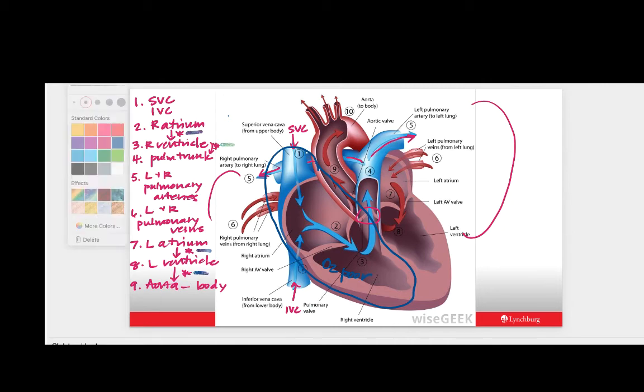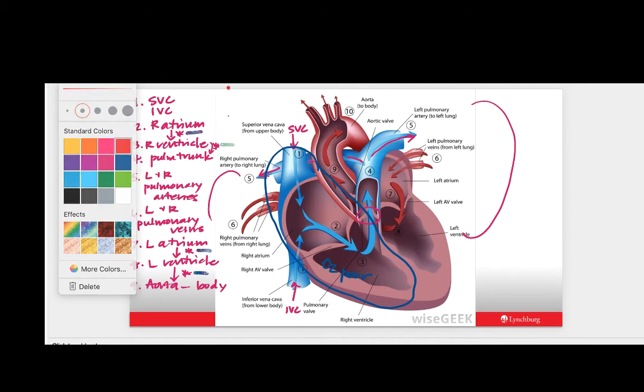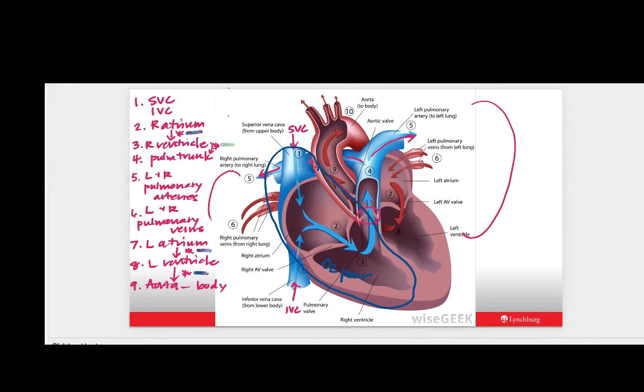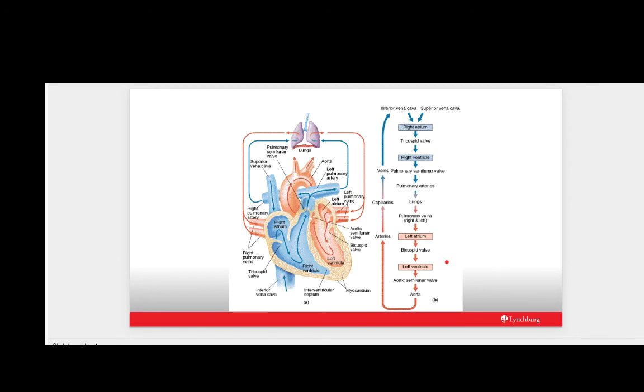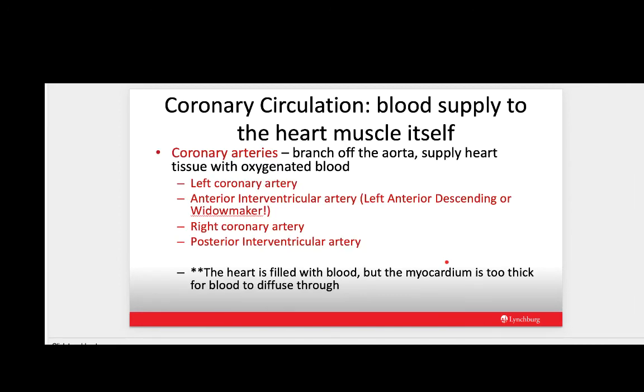But if you look at blood on the left side of the heart, everything on this side of the heart is going to be oxygen-rich blood. Okay, so oxygen-rich on the left side of the heart. Because at that point, it's already been to the lungs. Okay, so a couple different ways. Here you've got it spelled out too, so certainly knowing that.